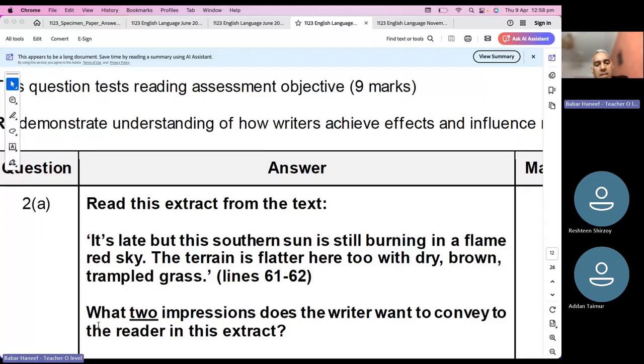It is late, but this southern sun is still burning in a flame red sky. The terrain is flatter here too, with dry brown trampled grass. So, what are the two mental images that this extract is trying to create in your mind? Can you try to decode them?